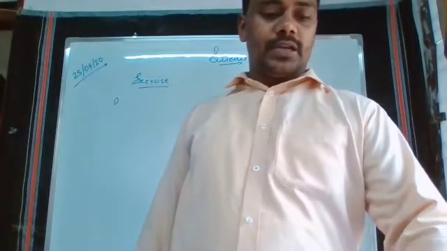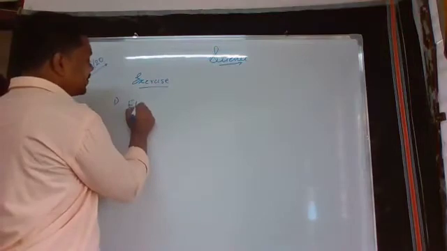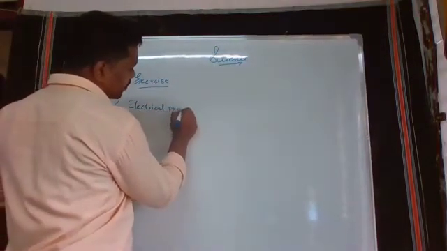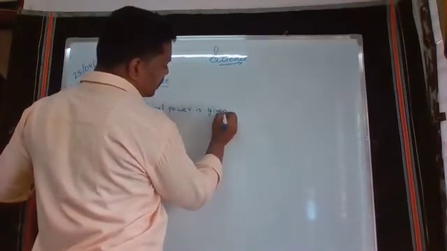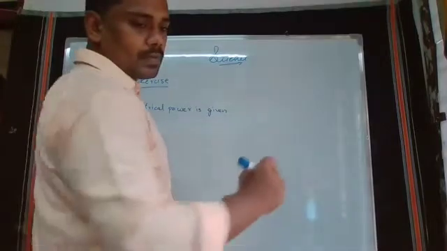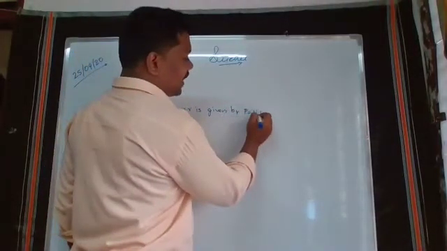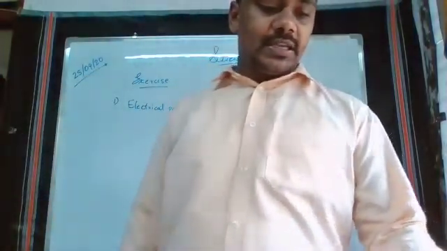Then for that, we know that electrical power is given by P is equal to VI. So C is over.